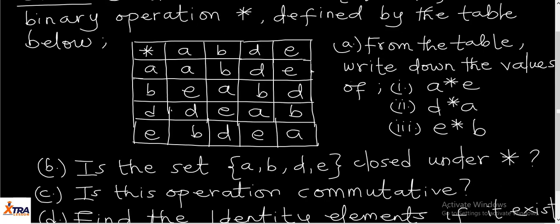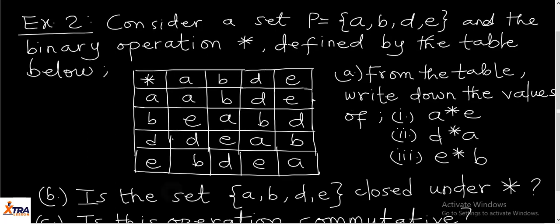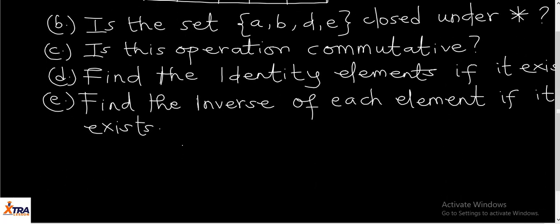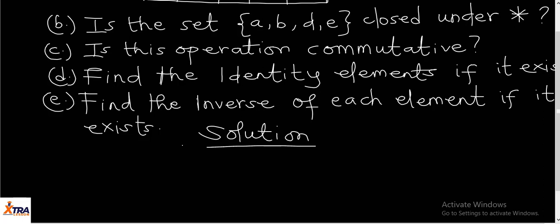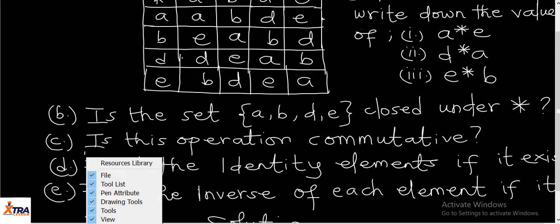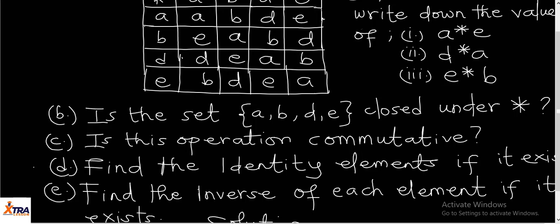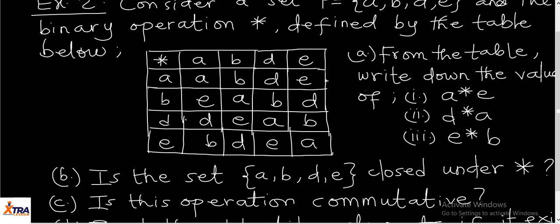Now, the very first question here, we're given a set P equals to ABDE. So for our solution, we bring out the set we're given, a set P containing ABDE, and then we're told to find the value of A operation E. From the table here, we can easily decipher the value of A operation E. We can take this axis as our reference axis, the first variable side, and then this will be the second variable side.